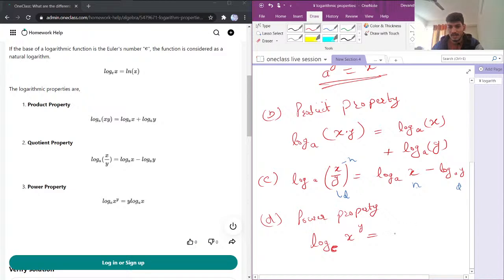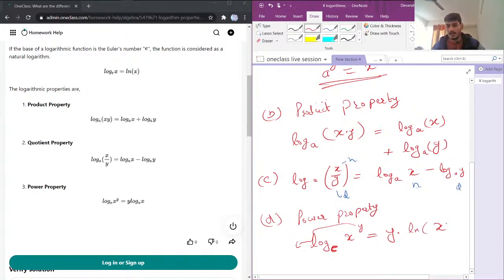Then I can bring this y here by using the power property of log. It will become y times log base e of x. I'll just write ln for simplicity.